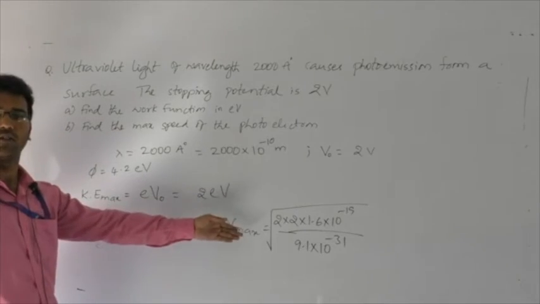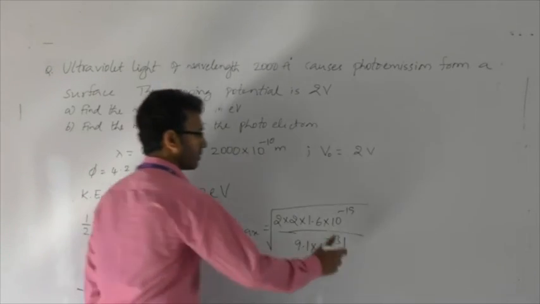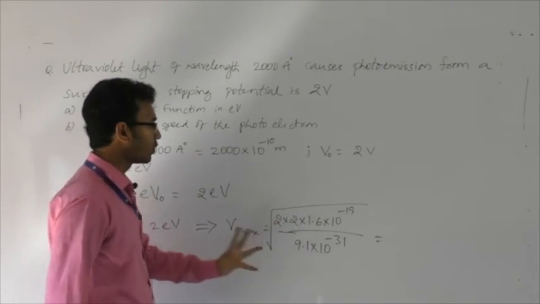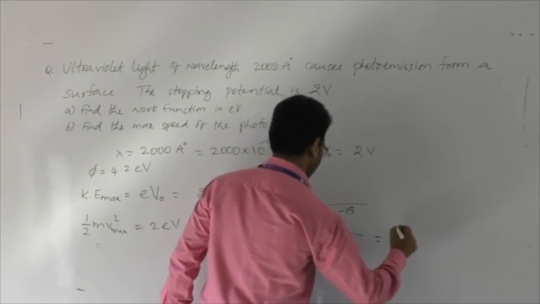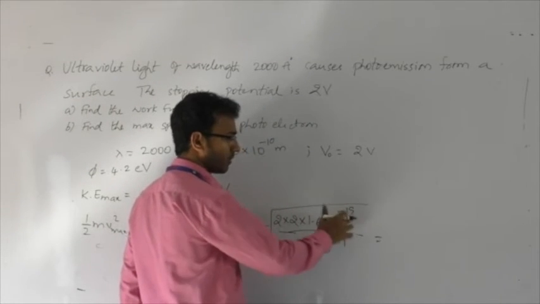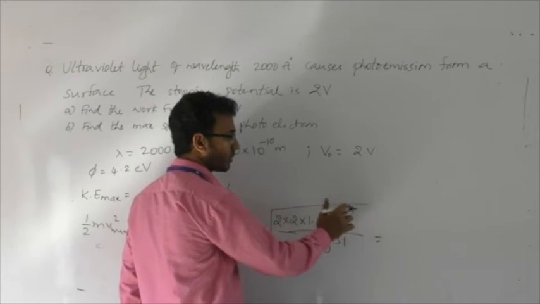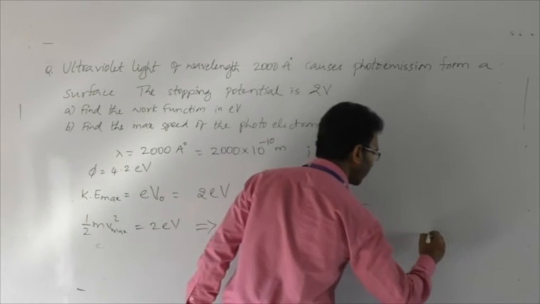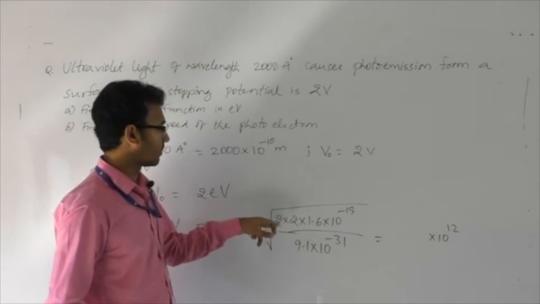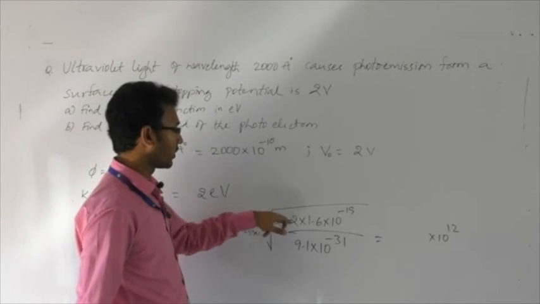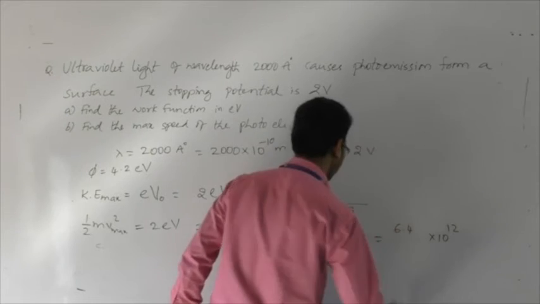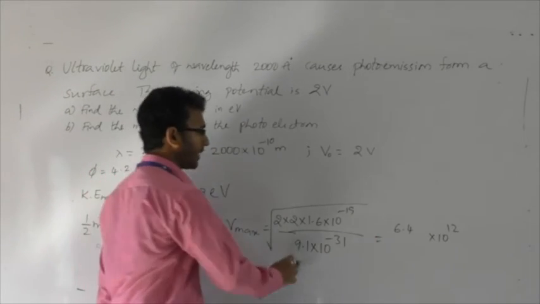Simplify this, we will get the value for the speed of the electron. So 4 into 1.6 is 6.4. This 31 becomes plus 31 in the numerator, 31 minus 19 is 10 power 12. So 6.4 divided by 9.1.